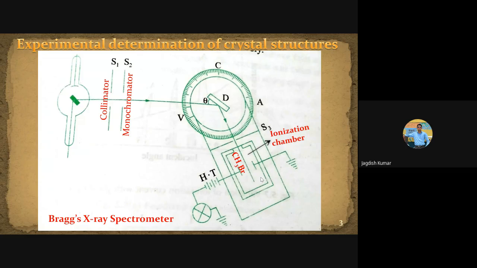Of course, if you are interested in the detailed aspects of how we can actually take some unknown X-ray diffraction pattern and from that get the exact information of the crystal structure, that requires somewhat more detailed techniques. So we won't be doing that here.